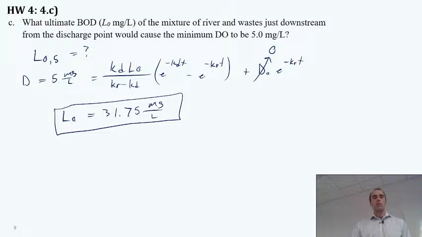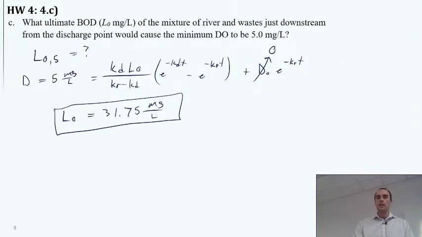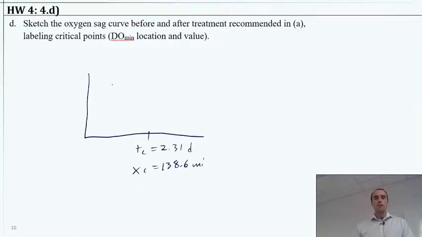That'll be apparent if we look back at this equation: in this formulation, where the initial deficit was 0, the L naught doesn't matter for finding time. It certainly could matter if the initial deficit was not 0, so maybe we'd have to do a little more to solve for that. But in this scenario, thankfully, these are going to be the minimum points regardless.